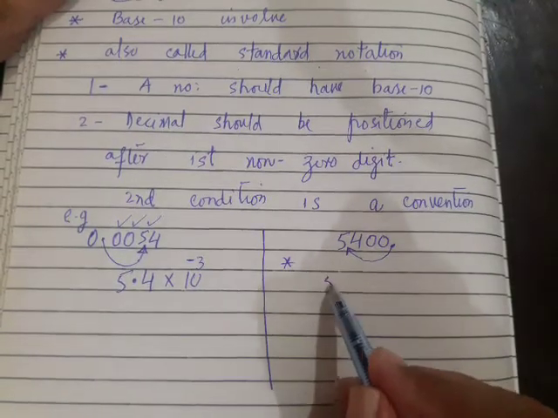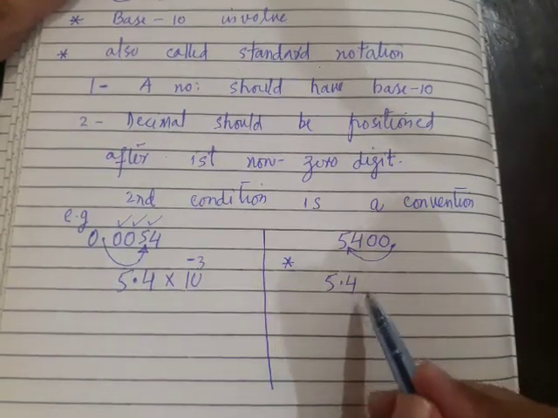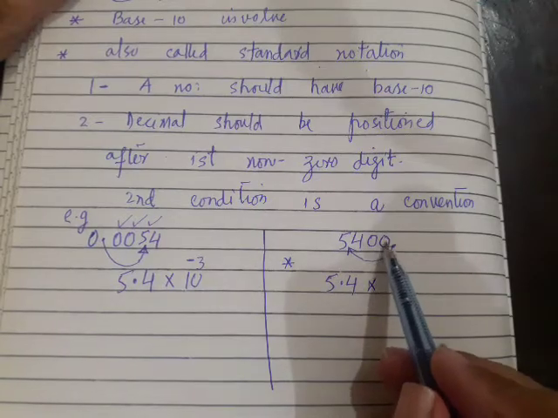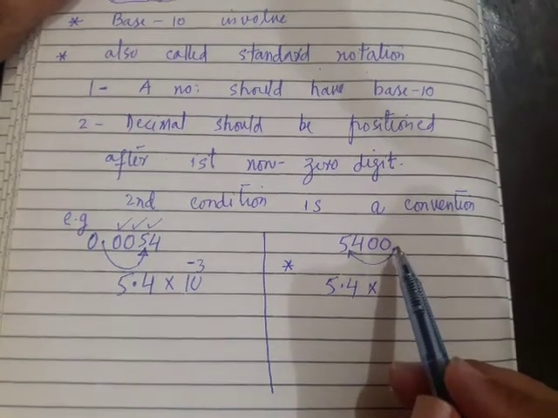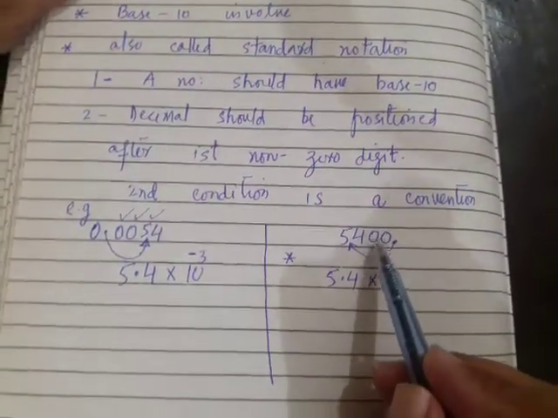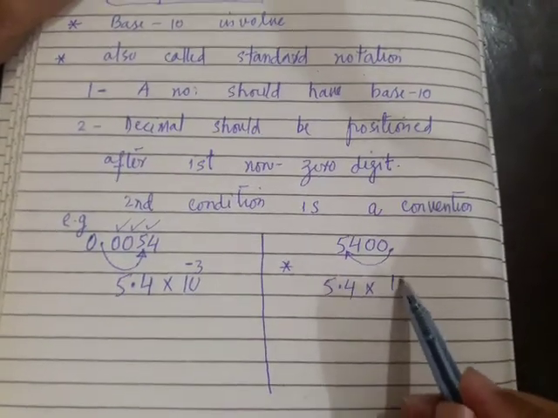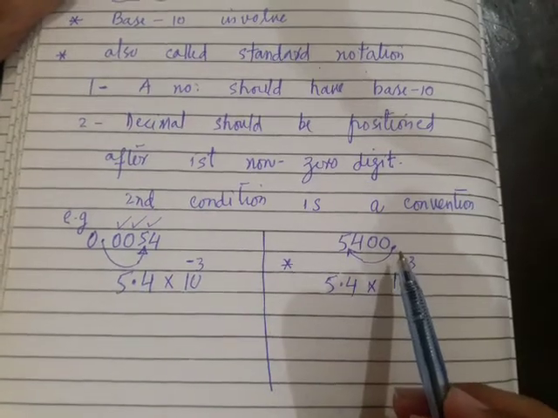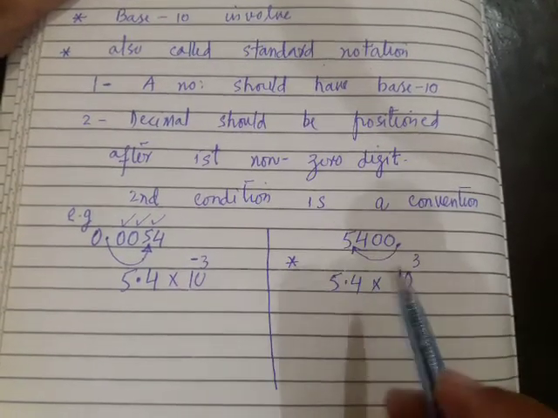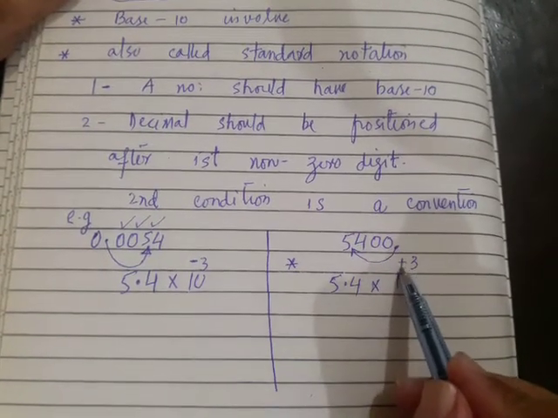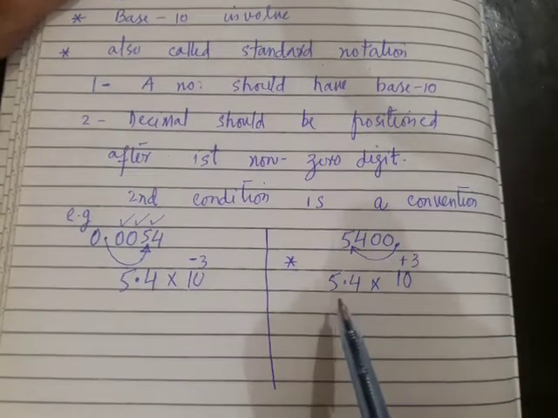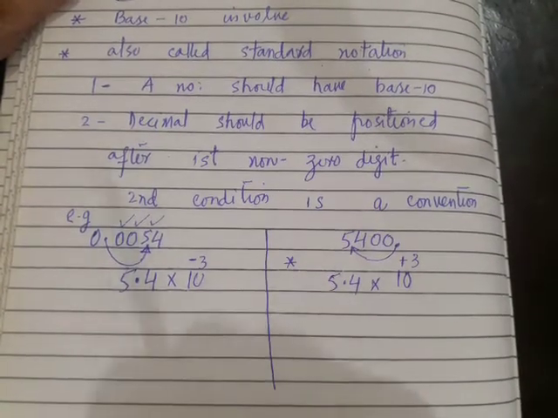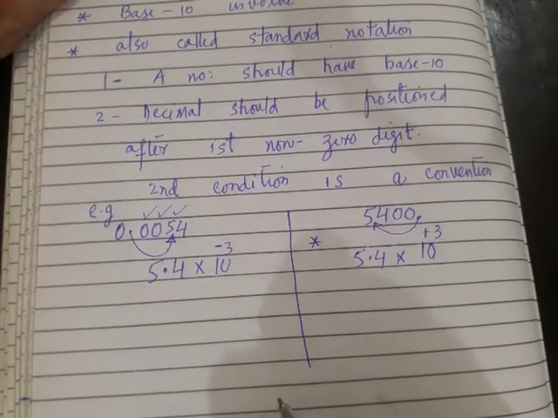It becomes 5.4. We move the decimal over 3 digits: 1, 2, 3. So again, the power is 10 raised to power 3. The decimal was moved from right to left, so it is positive. So it becomes 5.4 times 10 raised to power plus 3.